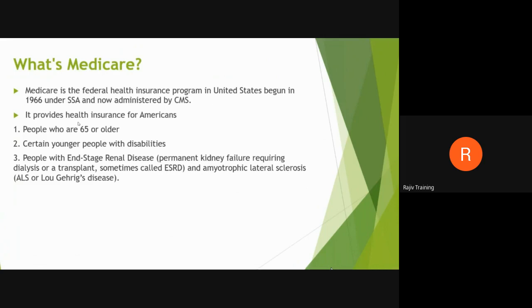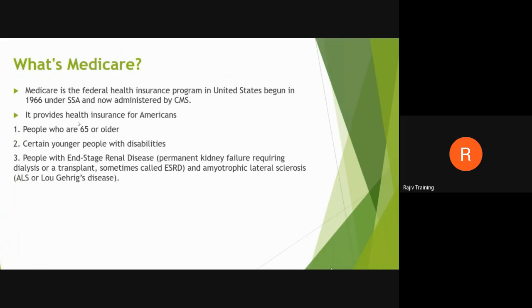What is end stage renal disease? It's permanent kidney failure requiring dialysis or transplant, sometimes called ESRD, and also amyotrophic lateral sclerosis, ALS, or Lou Gehrig's disease.